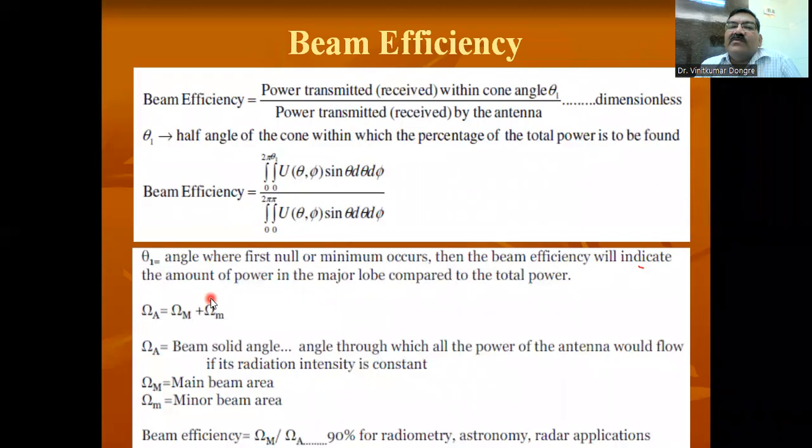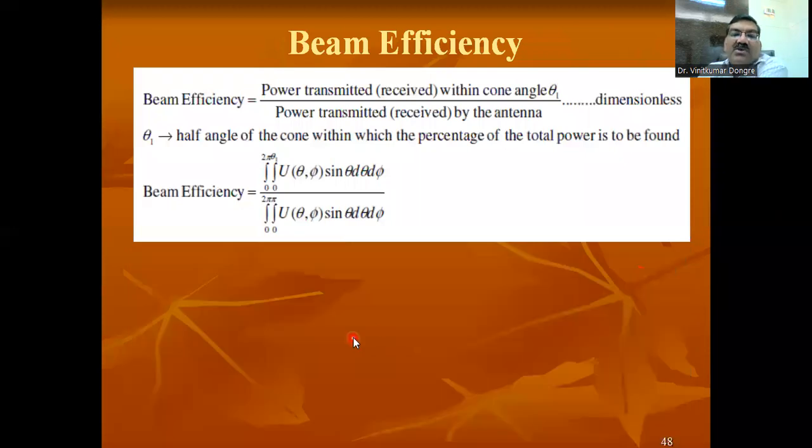These are the annotations I have mentioned here. So I'll explain with one example of beam efficiency. Maybe this is the radiation pattern of an antenna, and this is the only beam. Whatever this antenna is transmitting, it transmits only in this beam.